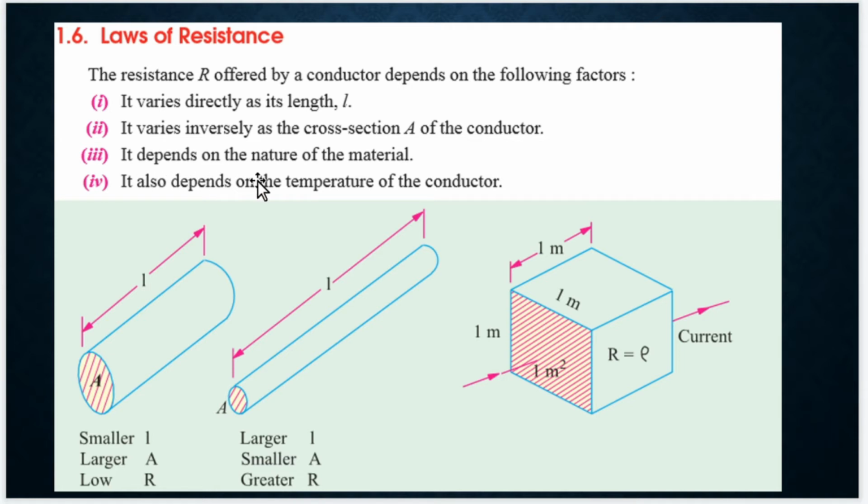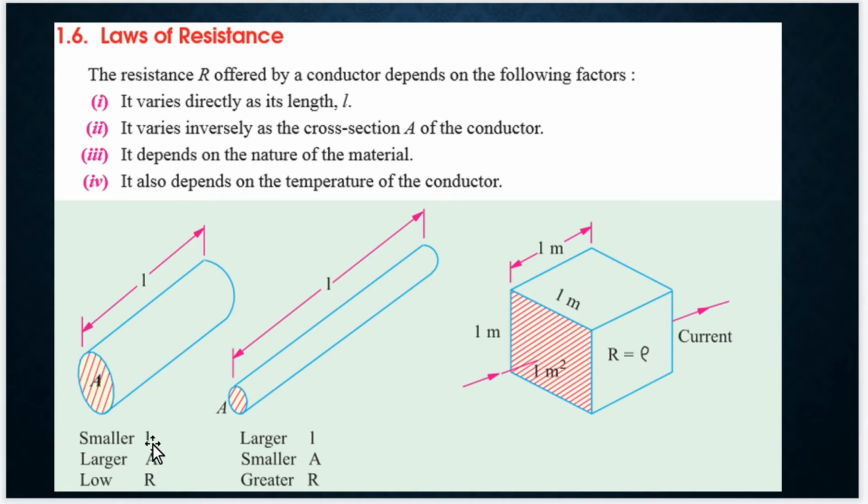It also depends on the nature of the material, such as copper, silver, and so on. It also depends on the temperature of the conductor. Here we have two conductors, A1 and A2.